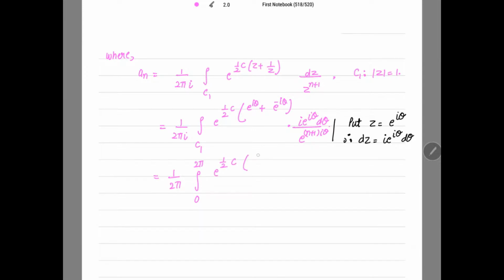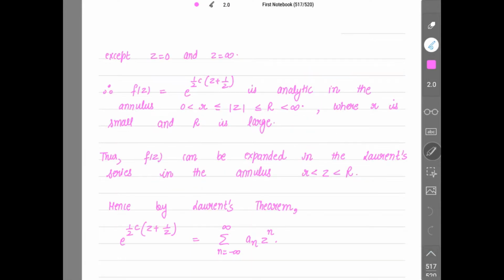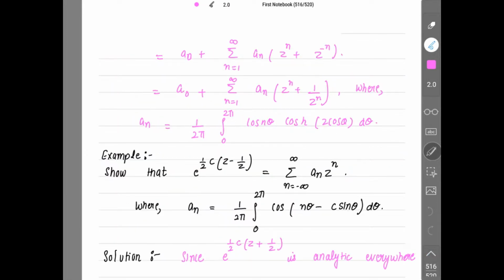This is now e to the power iθ plus e to the power, sorry, wait, in the question I have z minus 1 over z. So by mistake I wrote a plus sign here. I'm very sorry for that. This is minus.